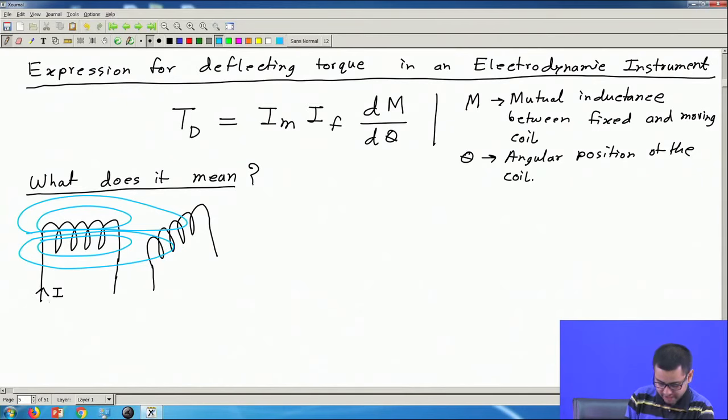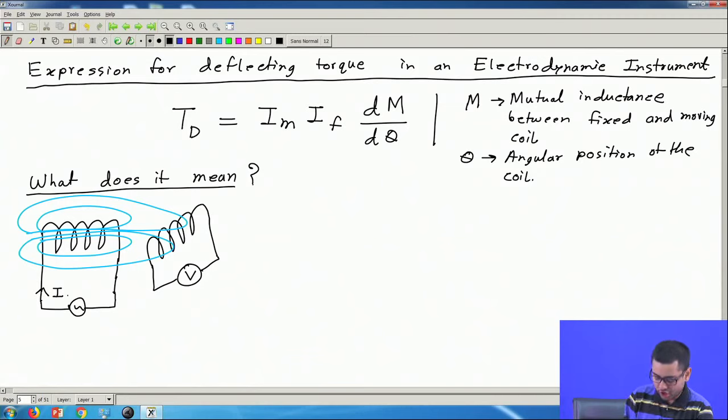Therefore, if this current I is changing, say AC current, then this flux will also be changing, and this flux is linked with the second coil. And so, if I connect a voltmeter here, I will get some reading. Why? Because the current in the first coil is changing, which changes the flux linked to the second coil, and therefore some EMF or voltage will be induced. So, I can get some reading here.